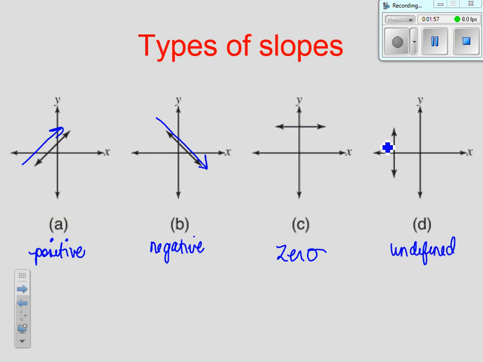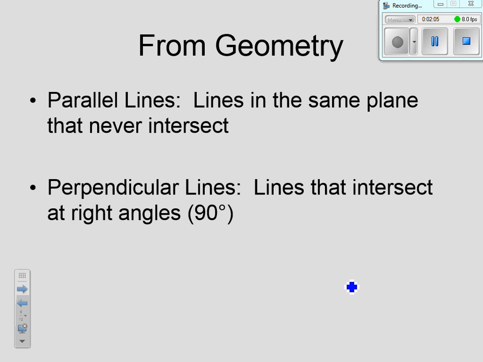So now that we've talked about slopes and refreshed our memory on that, let's go back in time to geometry. Do you remember what parallel and perpendicular lines are? You don't need to write this down. I'll have you write a couple things down later on. Just to bring back your memory, parallel lines are lines in the same plane that never intersect or cross, and we represent that by drawing two lines kind of slanted.